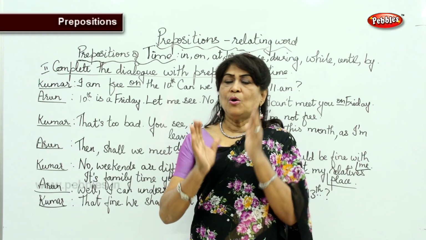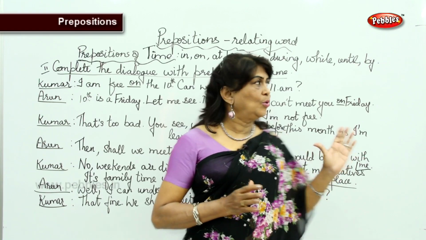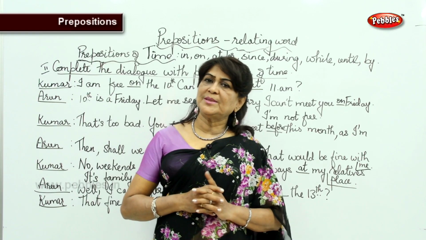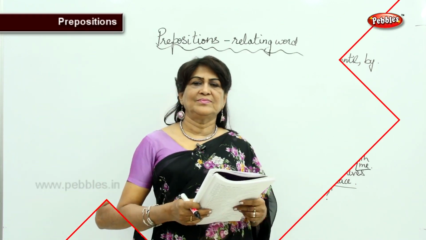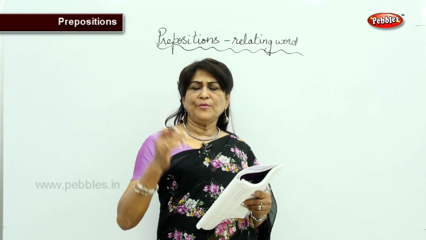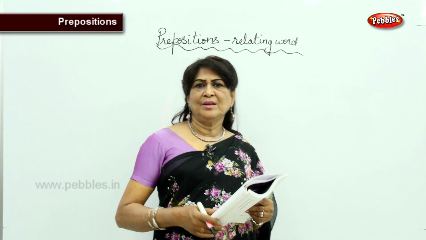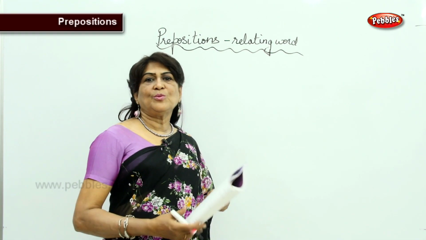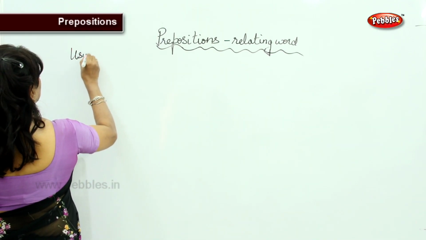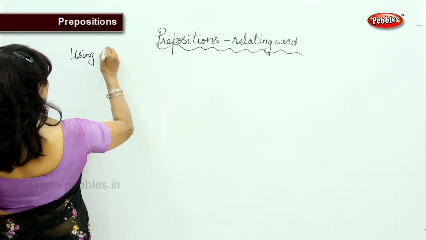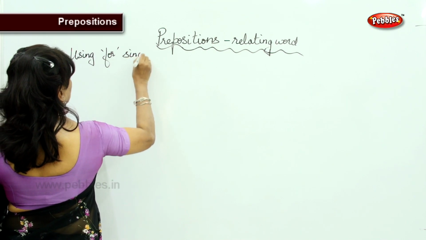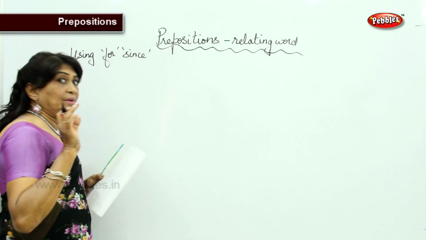So if you see, all this denotes time. All the blanks that we have filled in denote time. So these are called the prepositions of time. We are going to do some more examples using for, since, during, while, until and by, so that you will be thorough with your prepositions. Since and for are very, very important.